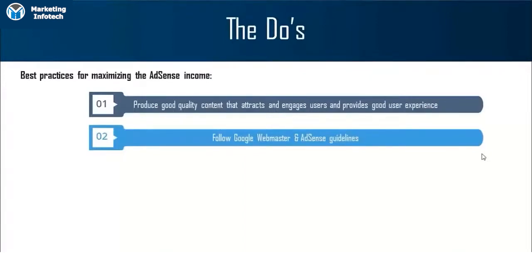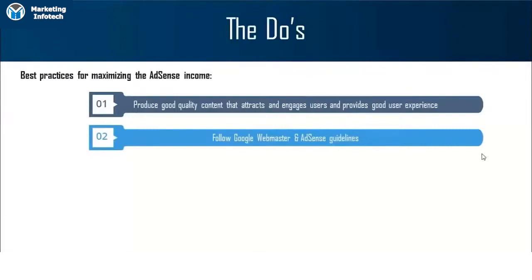So it asks webmasters to avoid things like using automatically generated content, participating in link schemes, creating pages with little or no original content. Also, methods like cloaking, putting sneaky redirects in the website, putting hidden text or links in the website, using doorway pages, scraped content, and the list goes on.